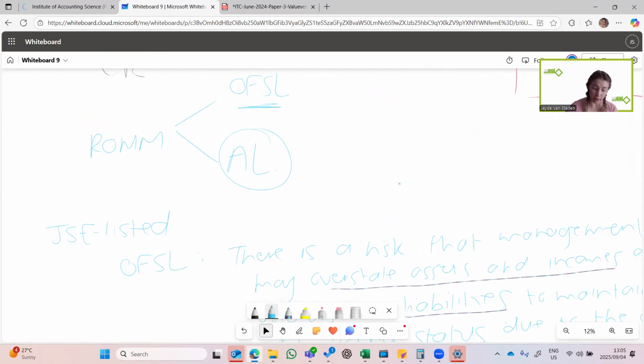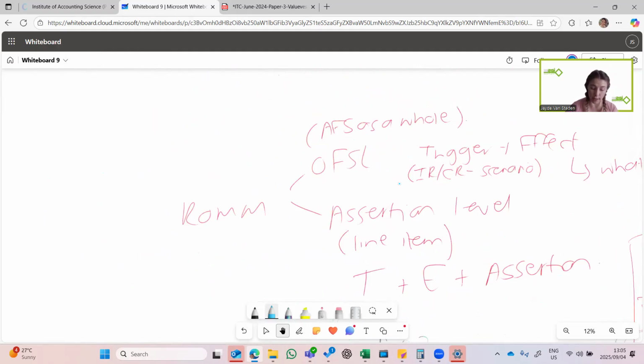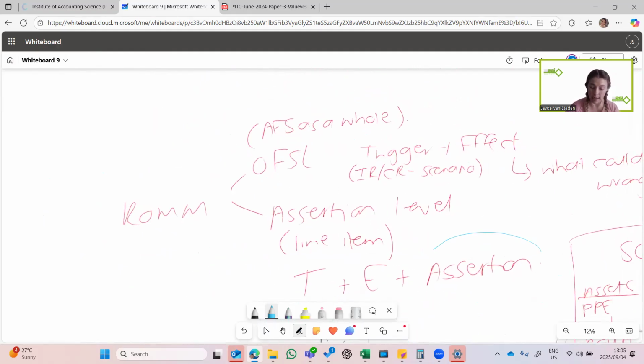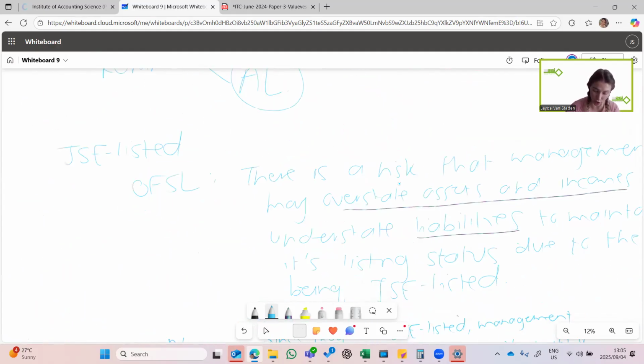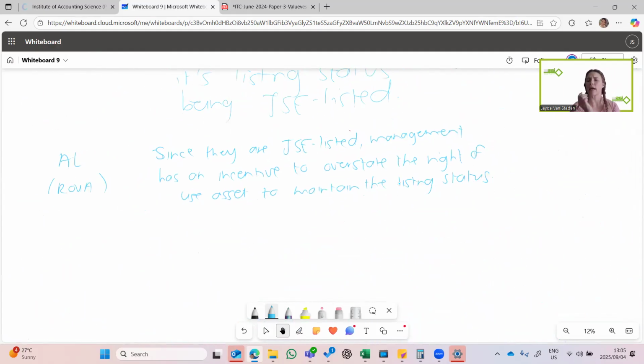I said that with assertion level, yes, we've got trigger, yes, we've got effect, but it has this extra piece. We have to link it to the assertion. So now I'm thinking, okay, overstate assets. If I overstate assets, I could be doing one of two things. I could be manipulating the values, which would speak to accuracy, valuation, and allocation, or I could be including fictitious right of use assets. So I'm just going to write here existence.